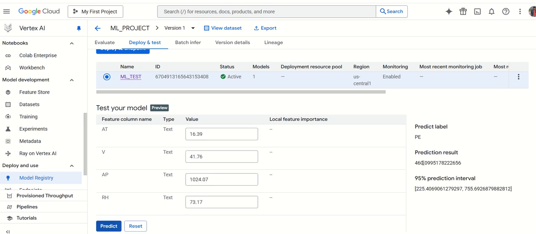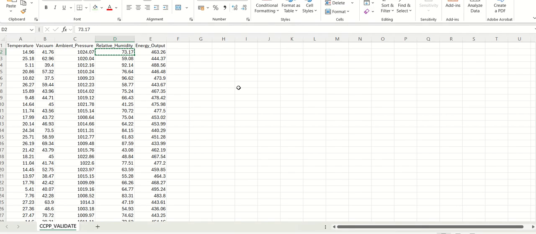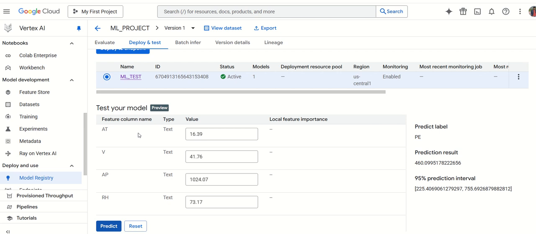Here you can see 460.09, and it is very close to the actual output 463. That's why the chosen model finally is the model which has been built by using all the four input features.